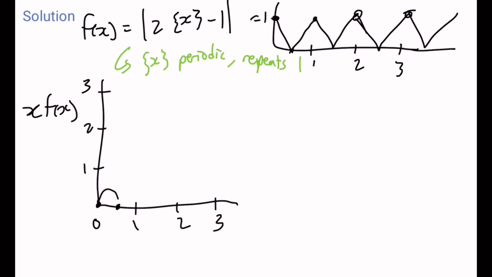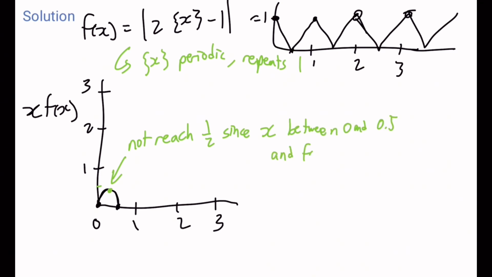In between these, we're going to have a small bump, and we have to notice that this bump doesn't really reach the half point, since x is always going to be between 0 and 0.5, and f of x is between 0 and 1. And so that means this is never going to actually be 1/2.